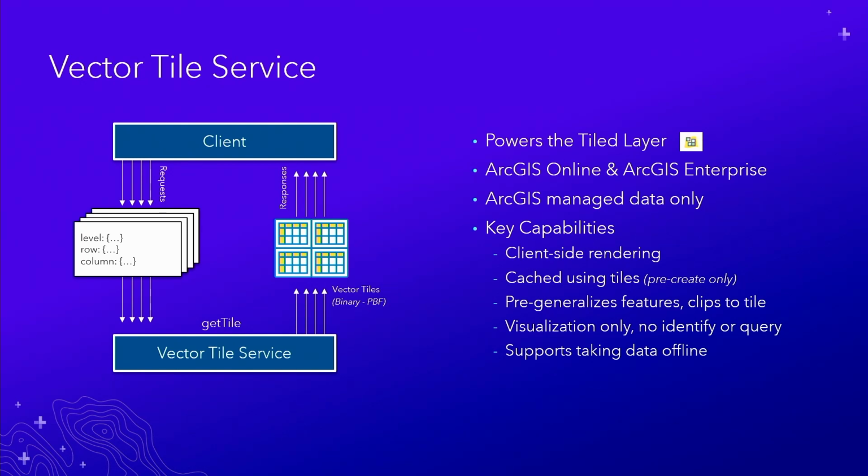Some of the key capabilities to keep in mind here. So here we are doing client-side rendering, which means that what's being returned from the server does not contain pre-rendered features, it's the source data, and the client then does the rendering, which means that you can provide a lot of really interesting user experiences where symbology and rendering can be changed on the fly on the client side.